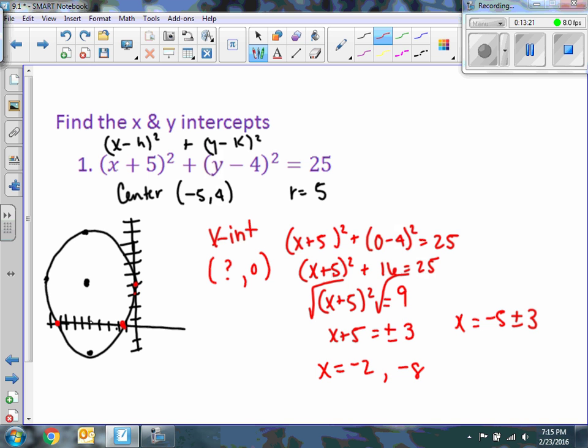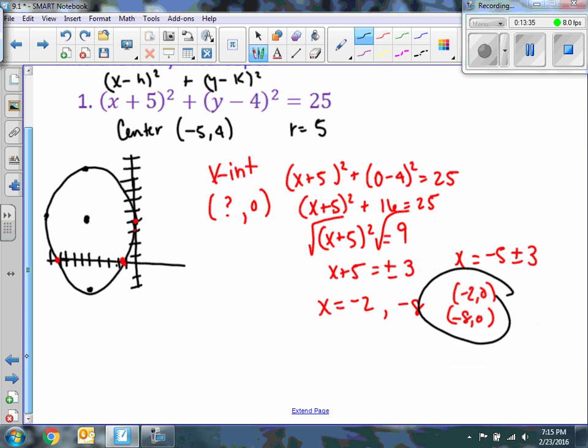So if you look at my drawing, yeah, it kind of makes sense there. So my 2 x-intercepts would then be the ordered pairs (-2, 0) and (-8, 0). You're going to do the exact same thing with y-intercepts.